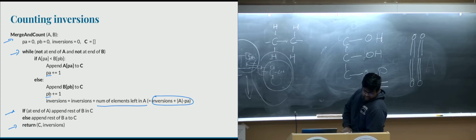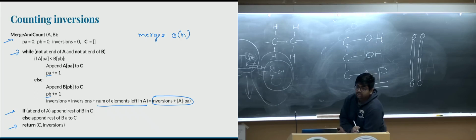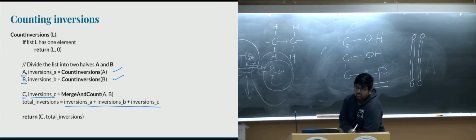It will still be linear, the merge step. That's right. So you are saying the merge step is big O of n, right? What about the subproblems? How many subproblems do we have here?